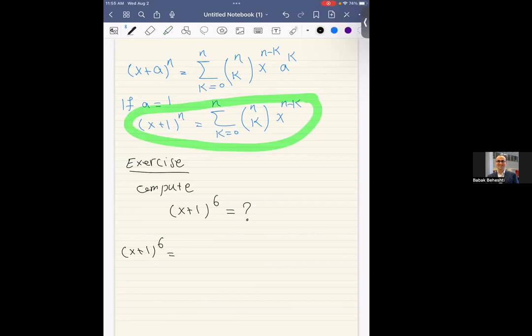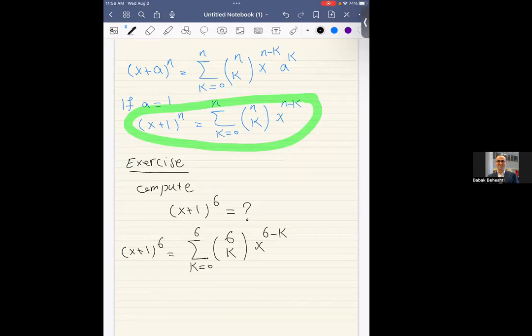So I just copy this formula, k from 0 to 6, because n is 6, and then 6 choose k, x to the power 6 minus k.